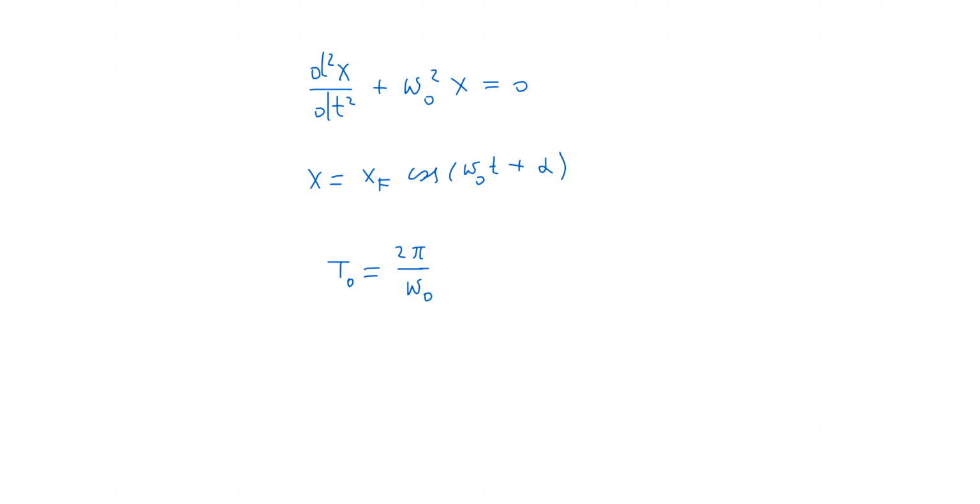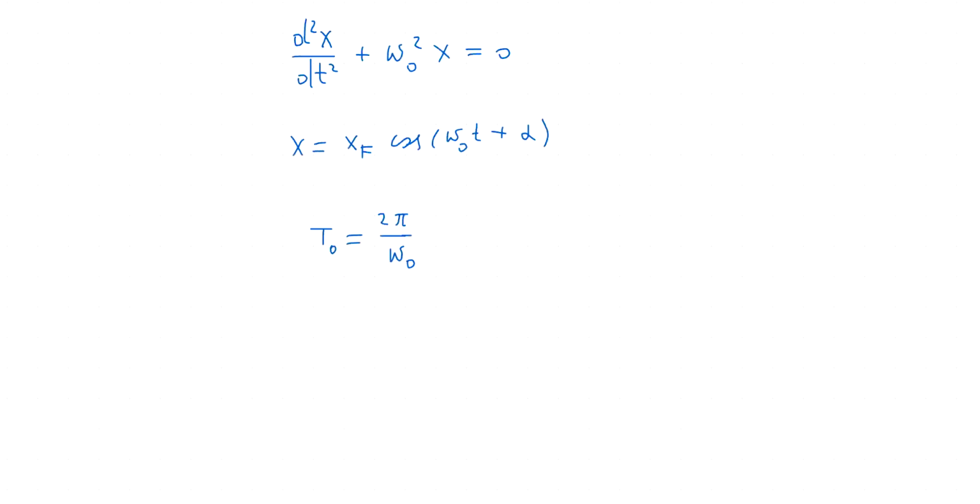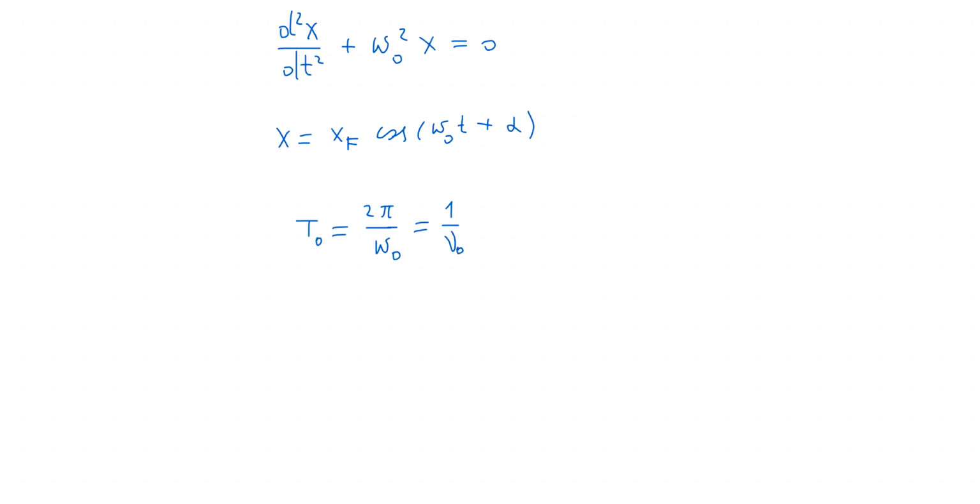And sometimes it is possible to use the so-called linear natural frequency. Linear natural frequency means the number of oscillations per unit of time, and it is equal to nu 0.